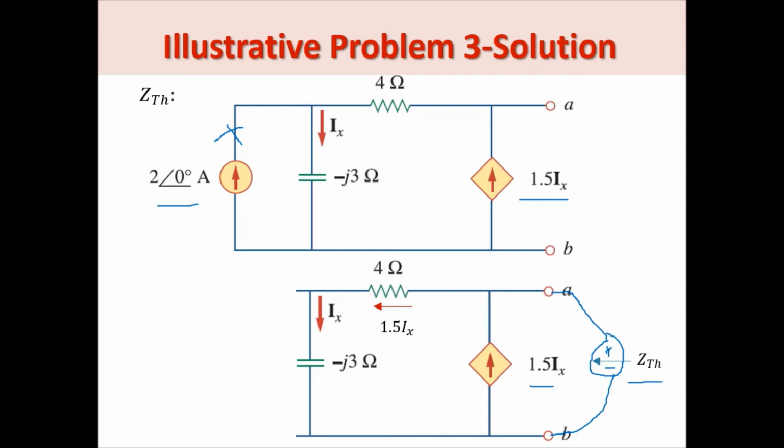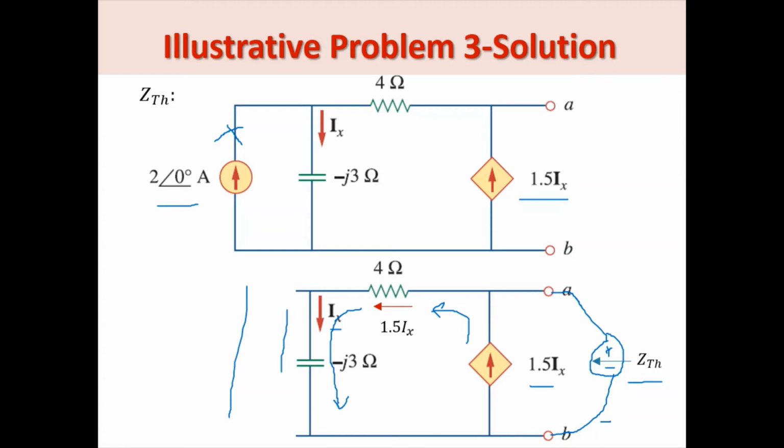Our initial reaction would be that before applying this source, the current that flows here is 1.5 IX, and that current will simply flow in this direction because this is already an open circuit. But the problem states that the current here is I sub X, so we run into trouble because we don't know what the current that flows here really is. Is it IX or is it 1.5 IX?